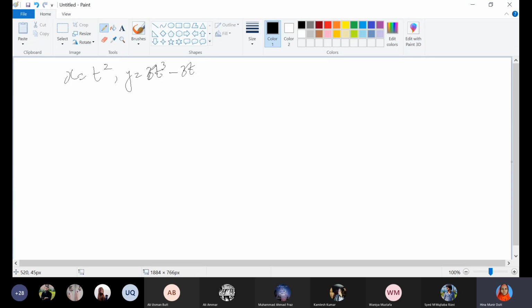I have to find the points where the curve has a horizontal and vertical tangent.